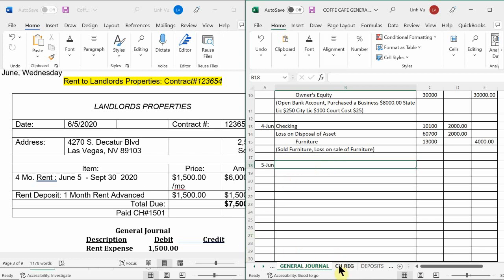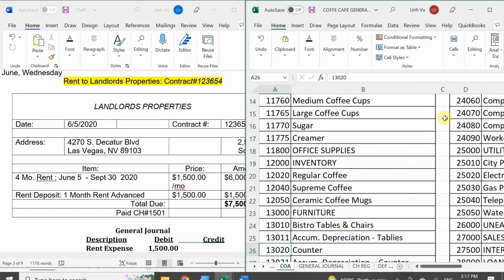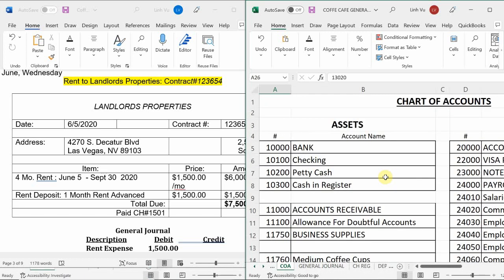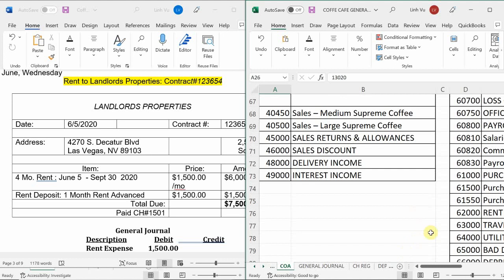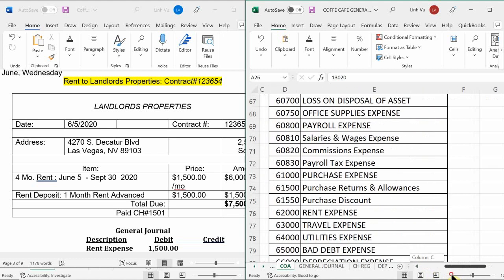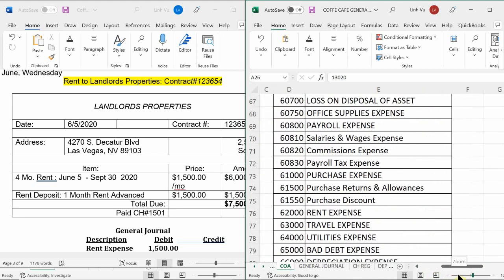Okay? So let's take a look at our chart of accounts. We obviously know we have a checking account, so that exists. Now let's take a look. Do we have a rent expense account? Yes, it's 62,000.